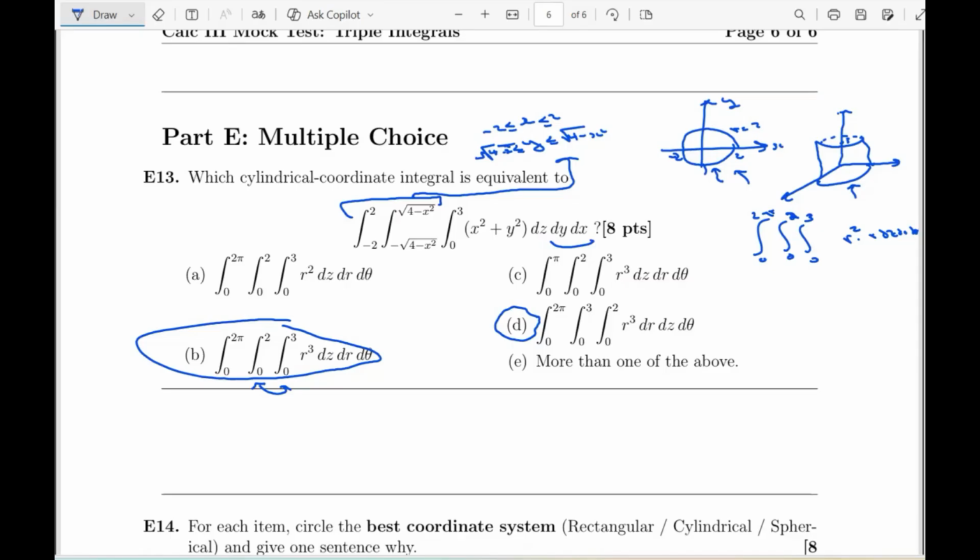So we interchanged these two variables, and the answer doesn't change.